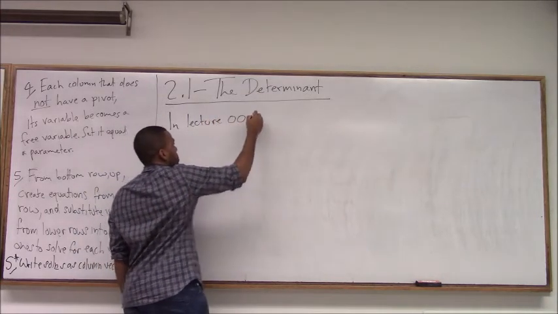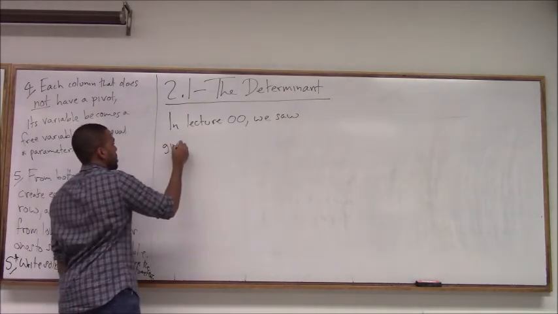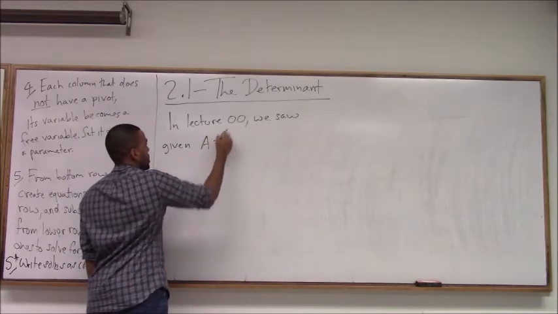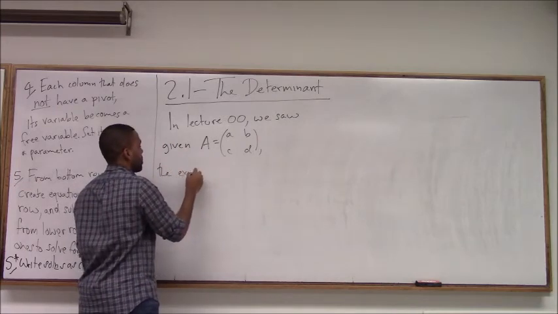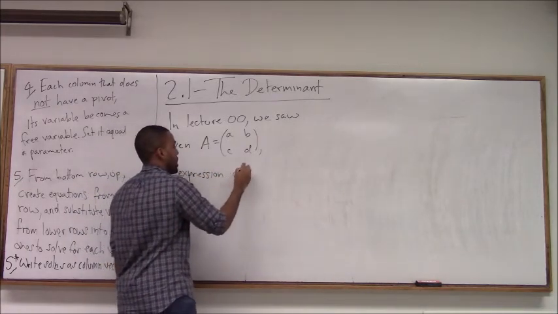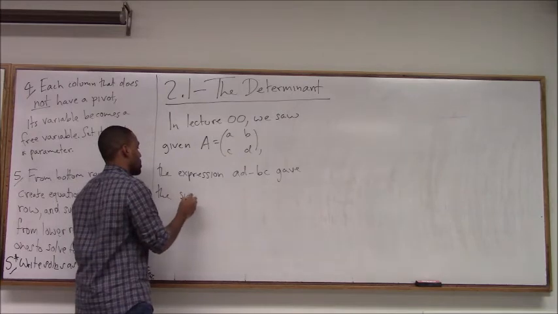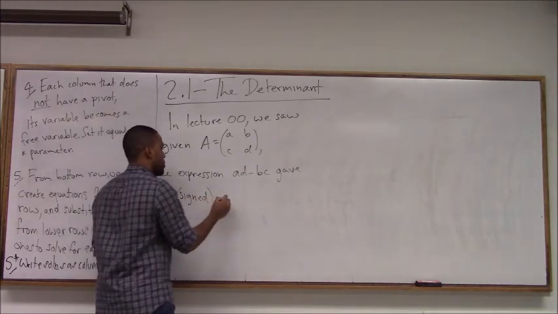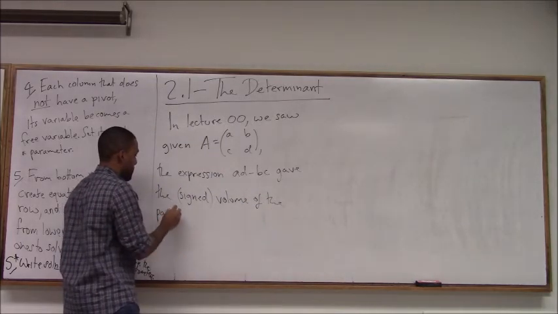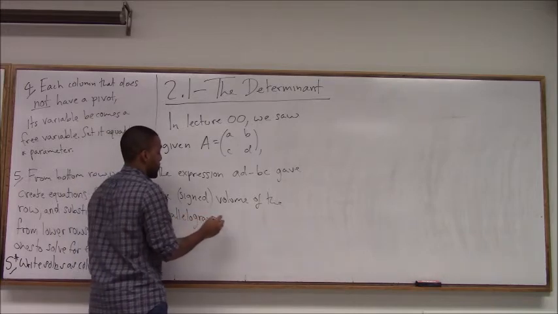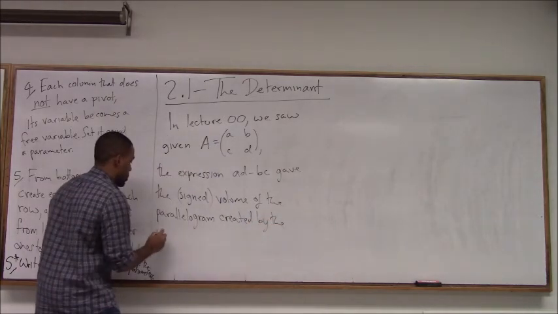So in lecture 00, this is way back, given a matrix with entries A, B, C, D, the expression AD minus BC gave the signed volume of the parallelogram created by the row vectors.